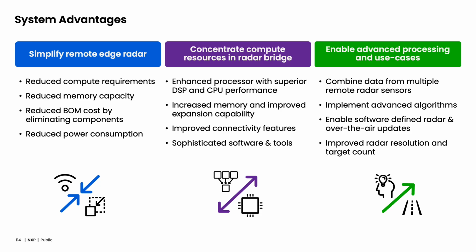It also opens up some of the techniques associated with software-defined vehicle, like over-the-air updates, delivered from the radar bridge to the edge sensors. And ultimately, the expectation is that you get better sensor performance by doing this. You can employ more memory and more advanced algorithms to improve the radar resolution and the number of targets that you can detect.